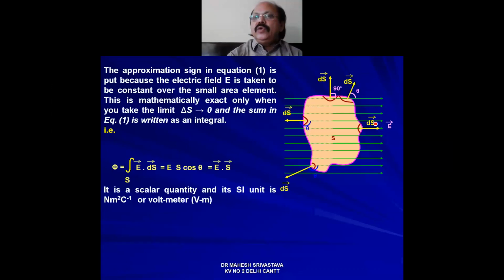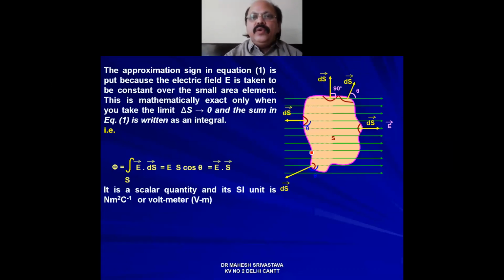Whereas if we take here the area element, then this area element makes an angle theta with the direction of electric field. Similarly, if we take area element here, then it makes an angle 90 degree with the direction of electric field. Same way here and here. So if we want to calculate total electric flux over this surface, then what we have to do?